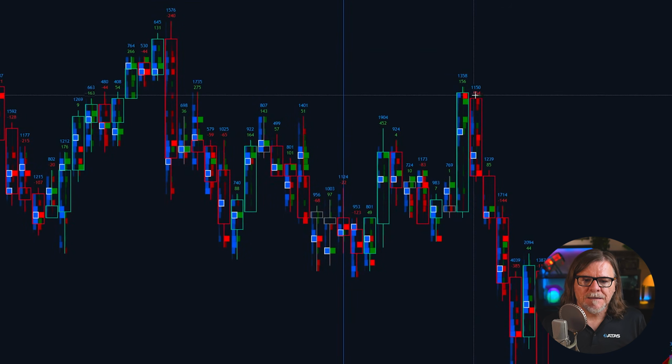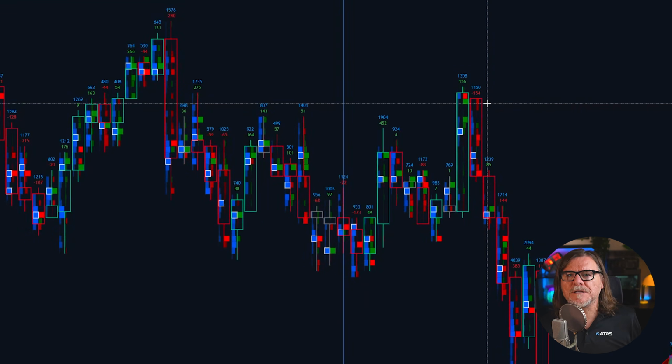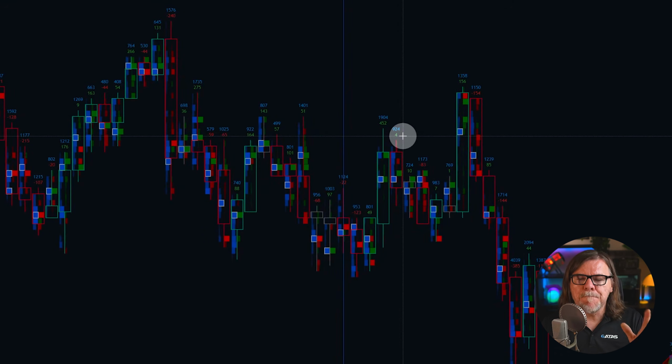Another pullback, and all of a sudden we have this candle, which has POC here and closes below it. And it has a negative delta of -154. See the difference? Not a red candle with a positive delta of +4.